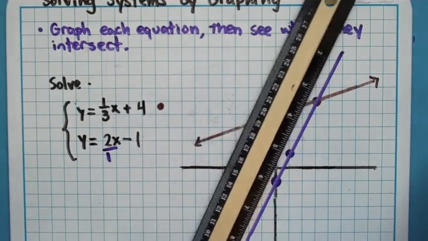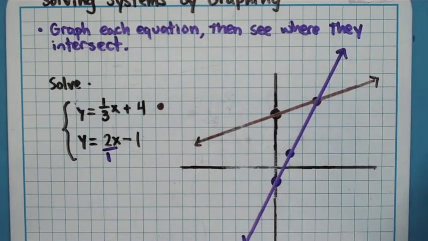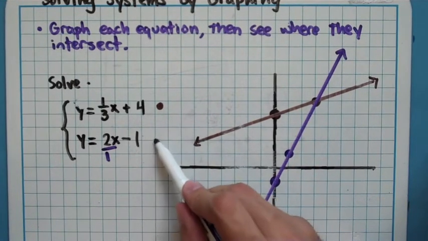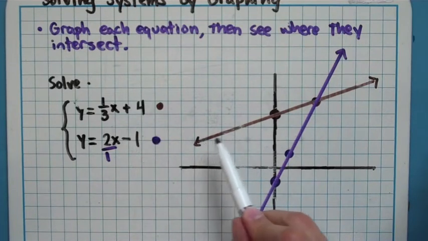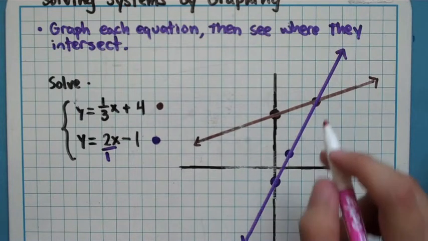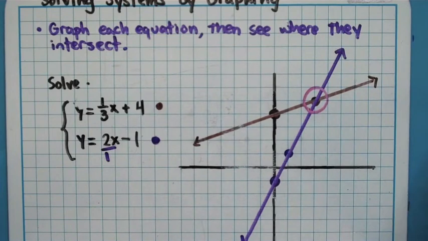All the points on the purple graph are solutions to the purple equation, the second one. The points on the first line are the solutions to the first. The spot that works in both equations, the answer we're looking for, is the place where they cross, the intersection point, which is right here. That's the answer to my problem.